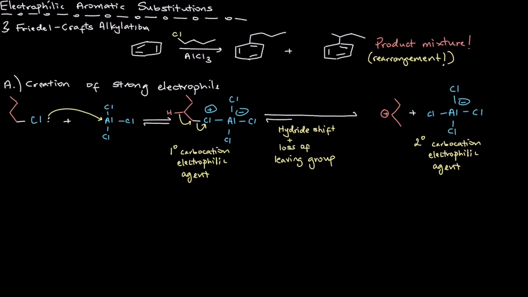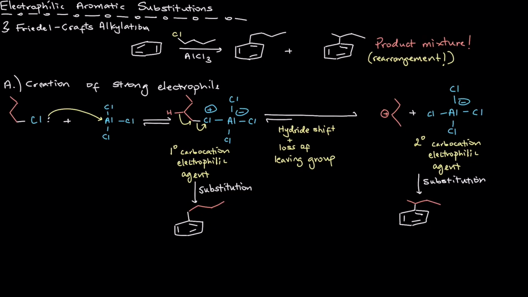So both your primary carbocation electrophilic agent and your secondary carbocation are going to be present in your flask to some extent, and both of those will act as electrophiles in your electrophilic aromatic substitution reactions. And so now you may see how substituting with the primary carbocation electrophilic reagent, you would form your product 1, or your product A, and then substituting with your secondary carbocation electrophilic reagent, you will form your product 2.